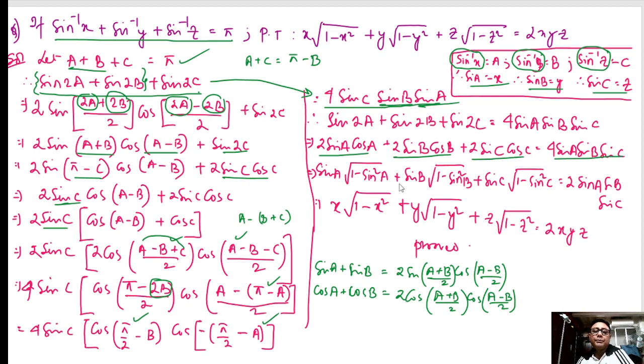If I cancel 2, 2, 2, 2, this remains 2. So sin a, cos a is root over 1 minus sin square a. Cos b is root over 1 minus sin square b. Cos c is root over 1 minus sin square c. Now instead of sin a, sin b and sin c, please put x, y and z. And that is your answer.